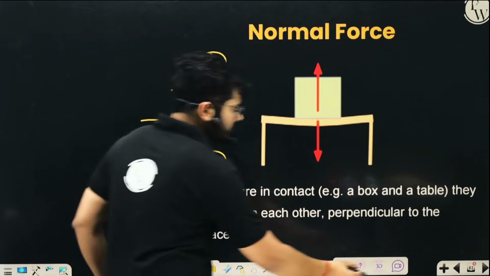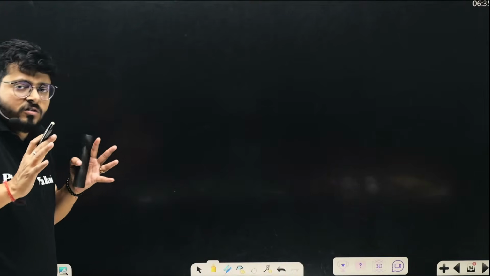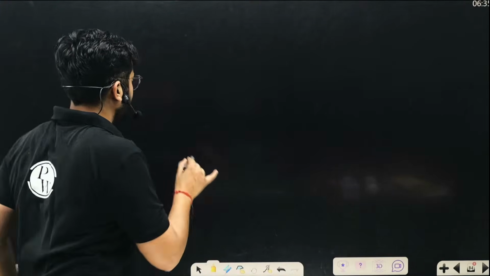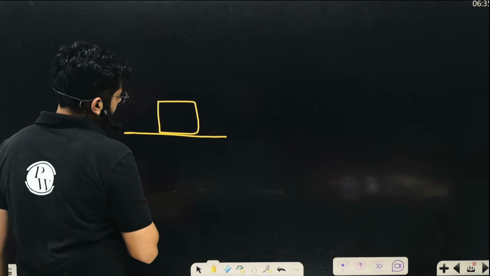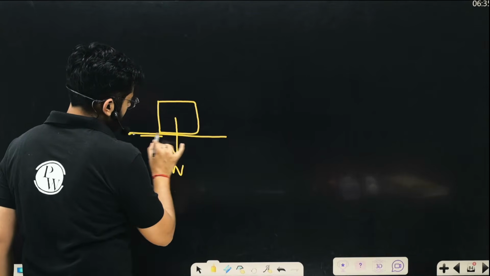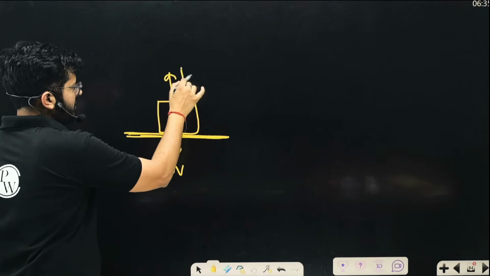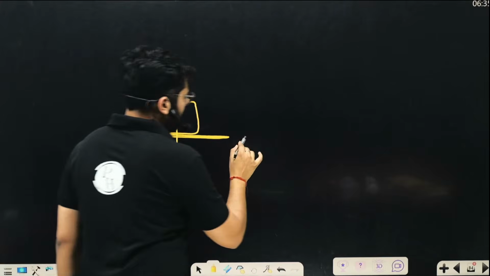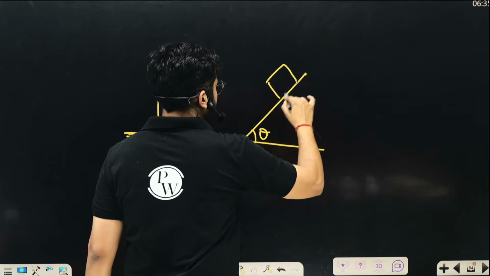So I hope you have understood. Normal reaction is governed by how hard the two surfaces press against each other. The surface is flat and the box is there. Now all of the weight is pushing against the surface, against the ground, so the normal reaction is going to be maximum, equal to the weight. But if I have this angle theta, the weight is like this.